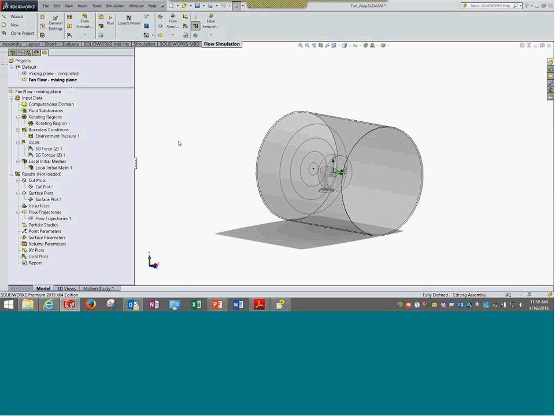So a similar scenario can be created as that of a practical scenario, and it can be done in the software. Just ensure that when a practical testing of a fan happens, it is simulated under a certain system, that is the boundary conditions. In this case, it was a big cylinder. It could be anything else in the actual fan. In fact, that particular system should be modeled accurately.